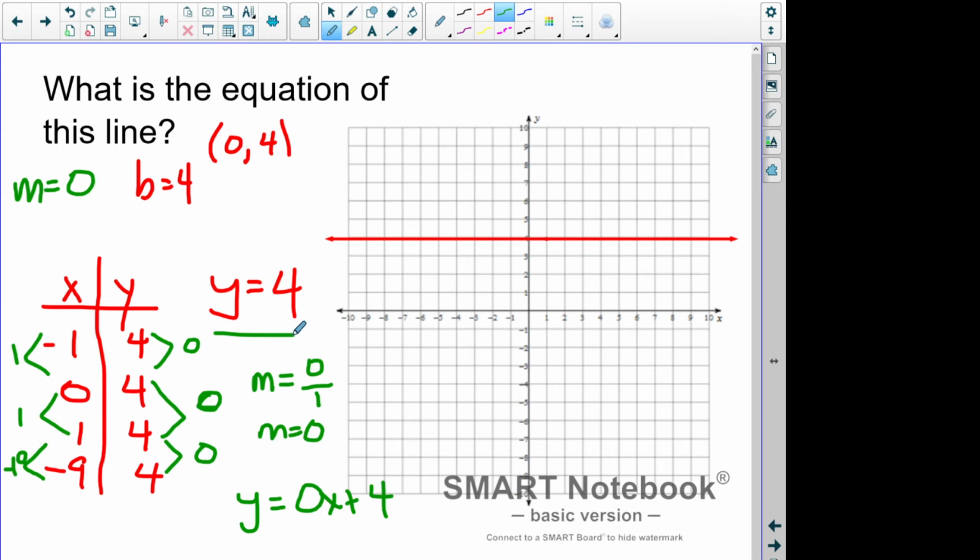So this horizontal line is one of the most common ones that people miss when we're writing equations, or if we're given an equation and trying to figure out how to graph it. Those kinds of equations trip people up the most. Whenever I just have a y value, y equals 4, that means that all my y values are 4, and so I'm just going to have a horizontal line.